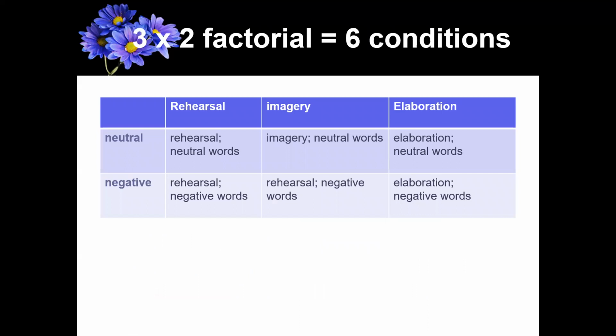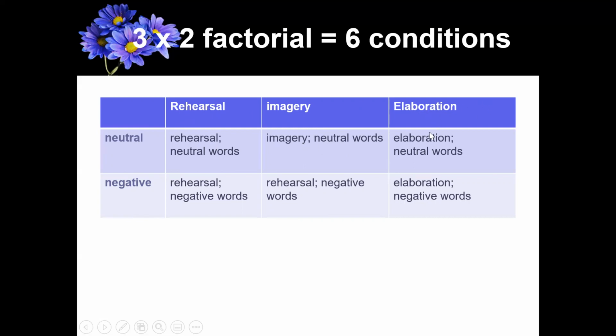Here's the drawing out that I was talking about. Our different conditions are going to go in each of these boxes here, and then same here for the other independent variable. So rehearsal is going to cross with neutral. Rehearsal for neutral words, that's one condition. Imagery for neutral words, that's another condition.